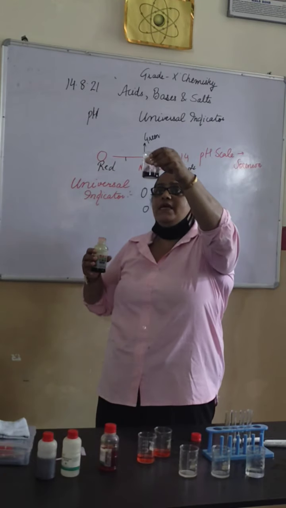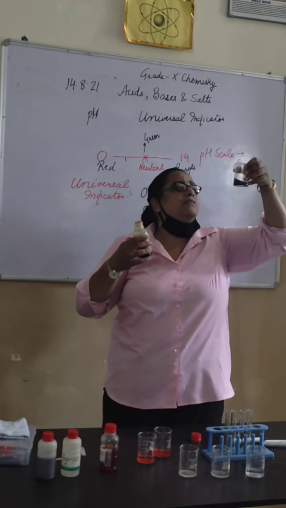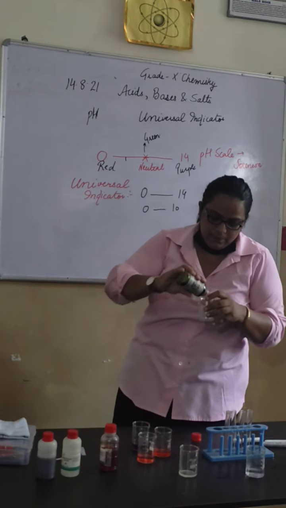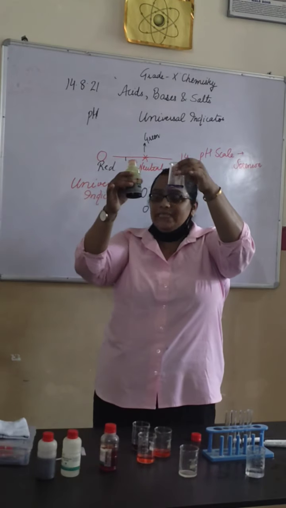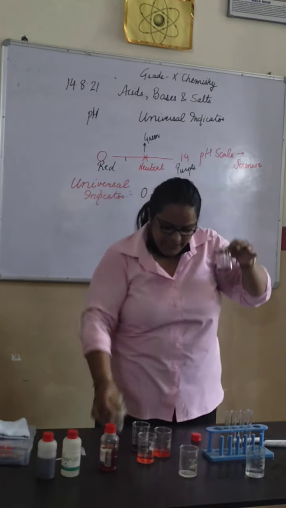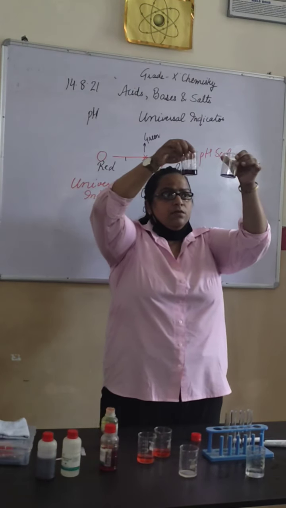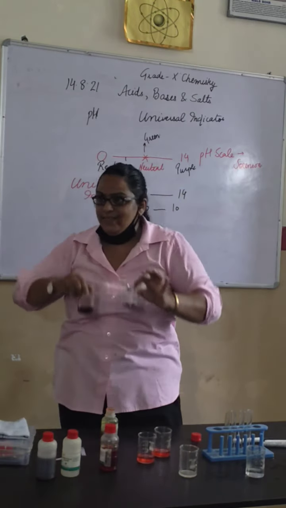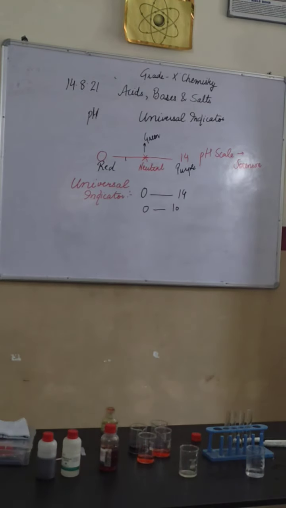Okay, so this must be basic. Its pH is around 10 because it is not dark purple. It is more basic. Can you see the color change? Yes, ma'am. Can you differentiate? Fine? Concentrate here only. Can you see the color? So, this activity is used to find the pH of different solutions.